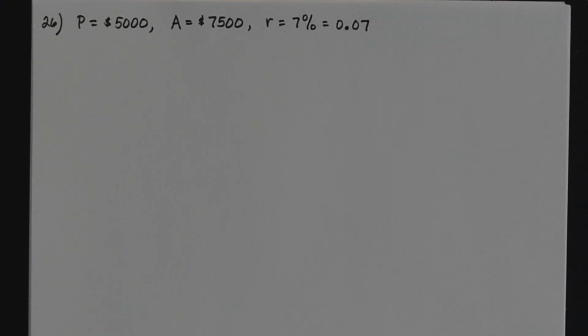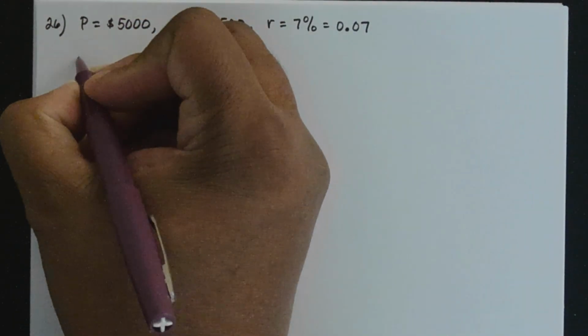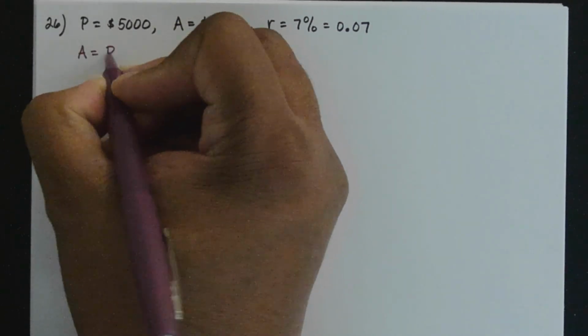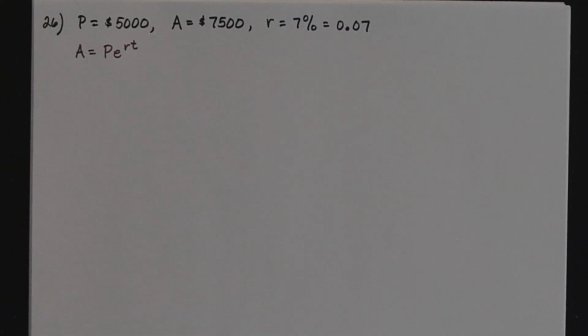Okay, so now we're looking for the time that it's going to take for that investment to reach that amount. So in this case here, it's compounded continuously, so we must use this formula. A is equal to P times e to the rt. Okay, it says compounded continuously, so we must use that formula. A is equal to P times e to the rt.